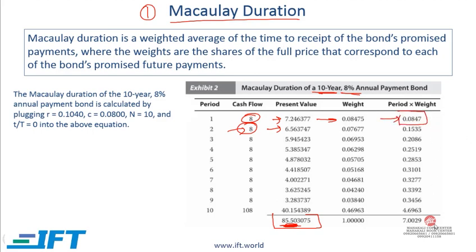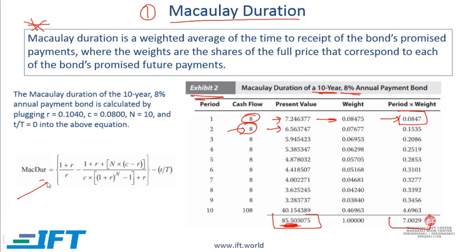Then you add all these numbers and you get 7. The Macaulay duration then for this particular bond is 7. And notice that this Exhibit 2 from the curriculum nicely illustrates the definition of Macaulay duration. The Macaulay duration can also be calculated using this formula.